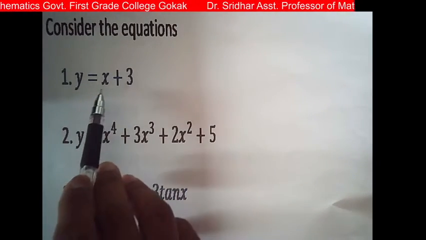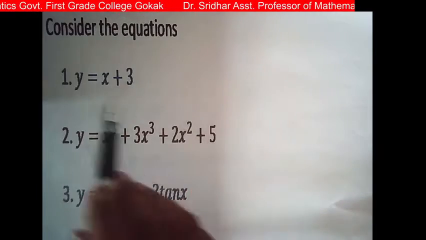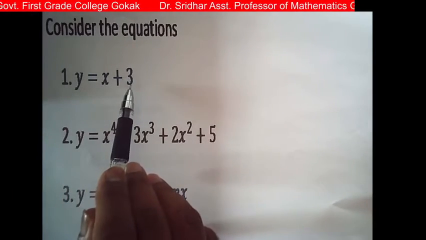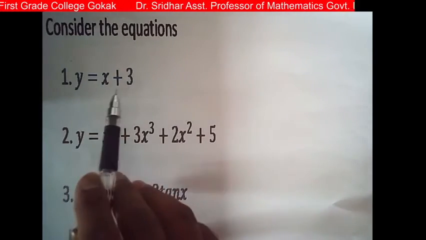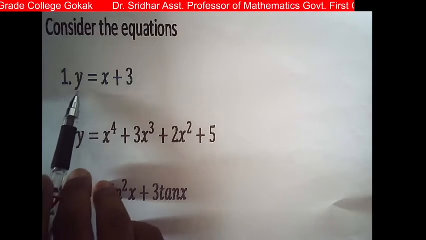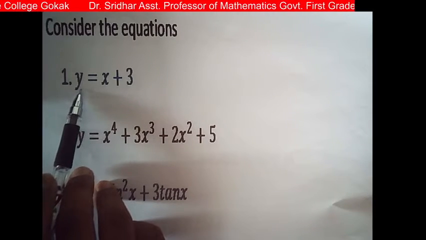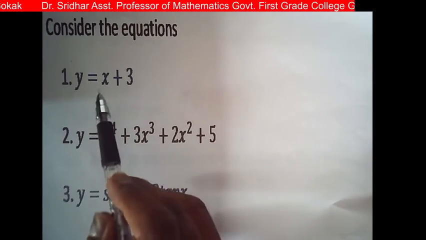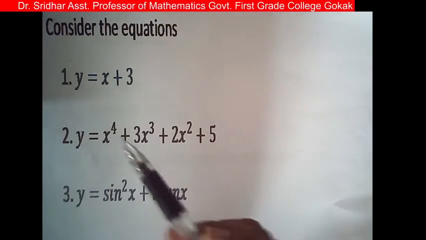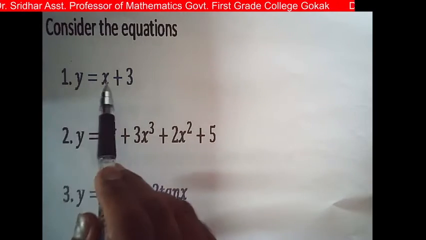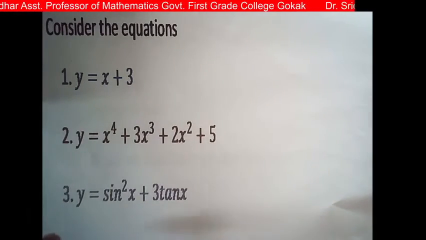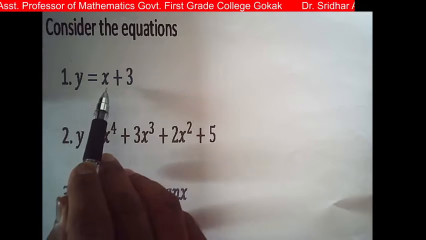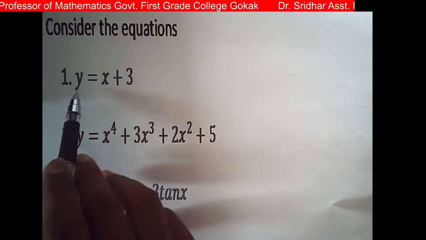If x equal to 3, then y is equal to 3 plus 3, 6. So if you want to find the value of y, we need the value of x. That means the value of y depends on the value of x. If you don't know the value of x, then we cannot find the value of y.